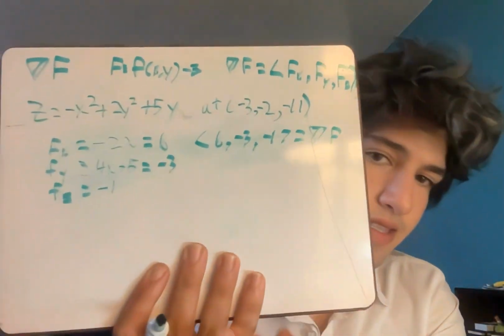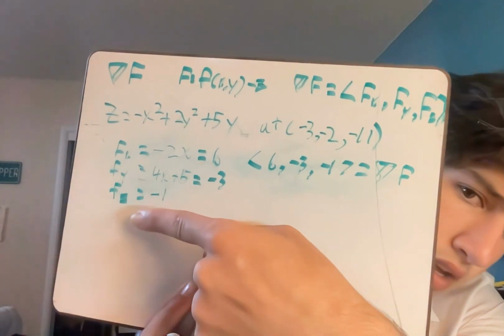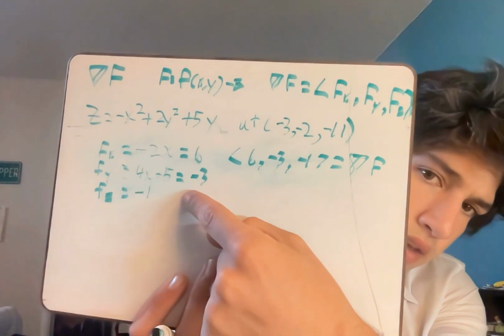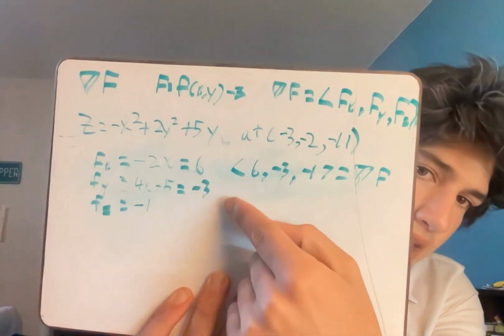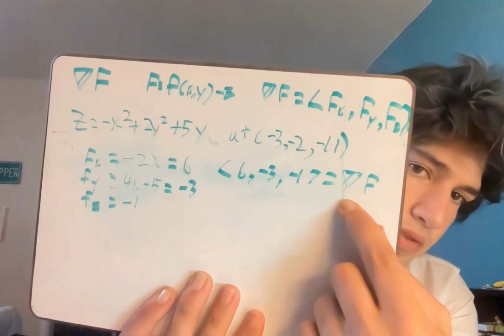So my gradient of big F is equal to the vector <6, -3, -1>. You can see the work I did there, with the values and then the vector equal to grad F.